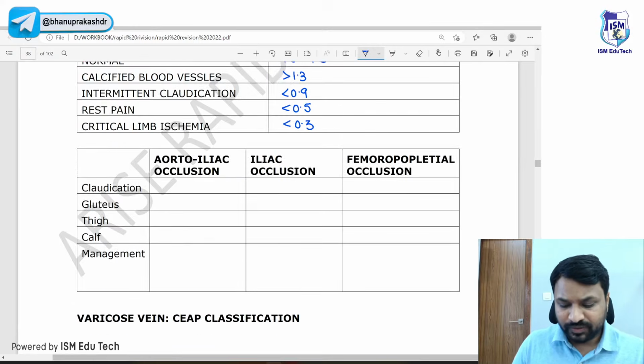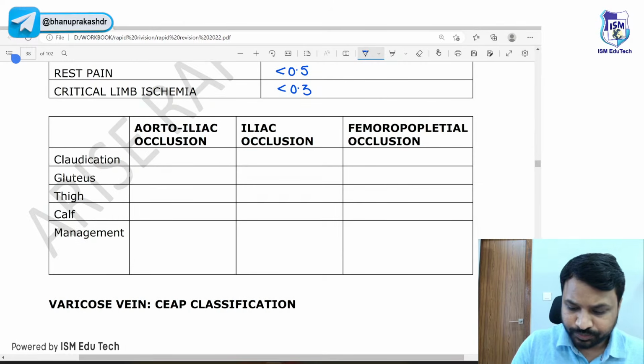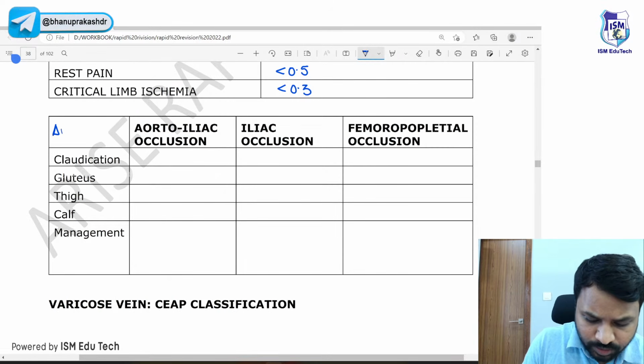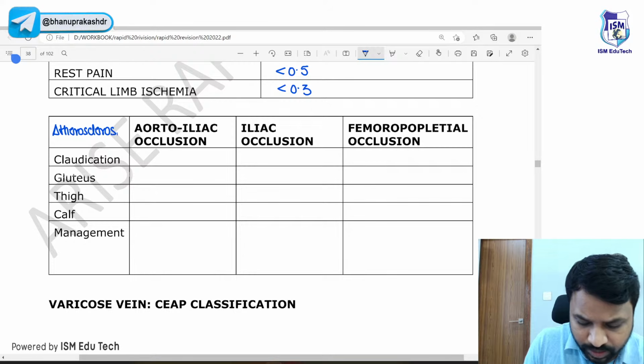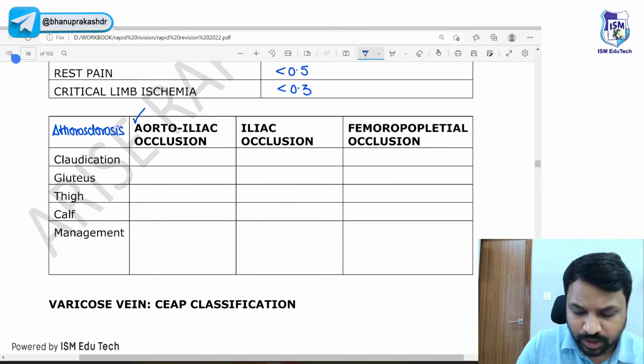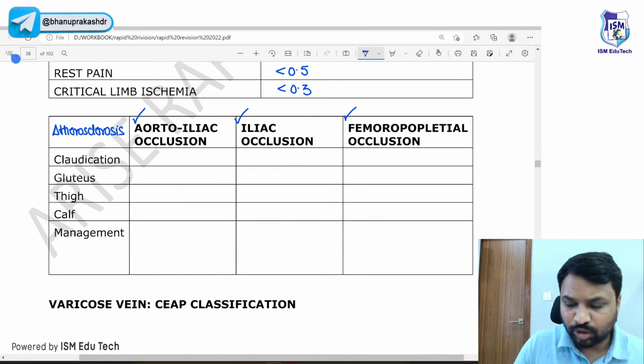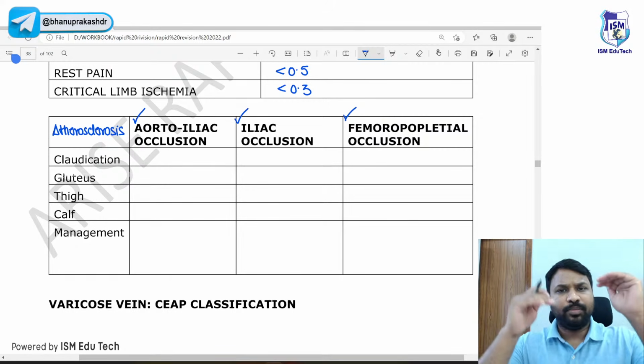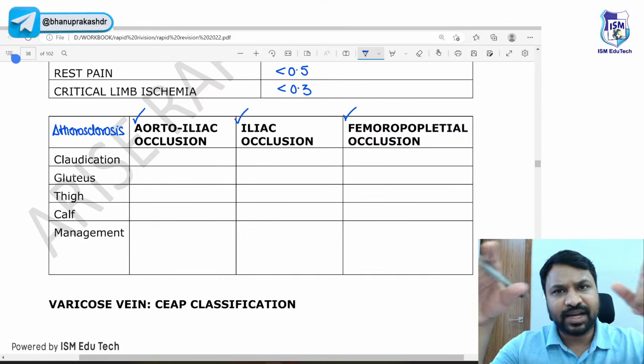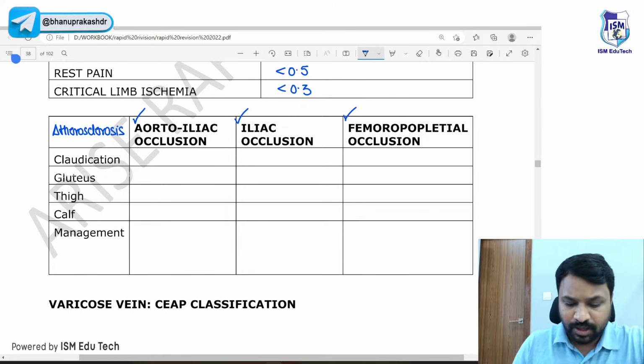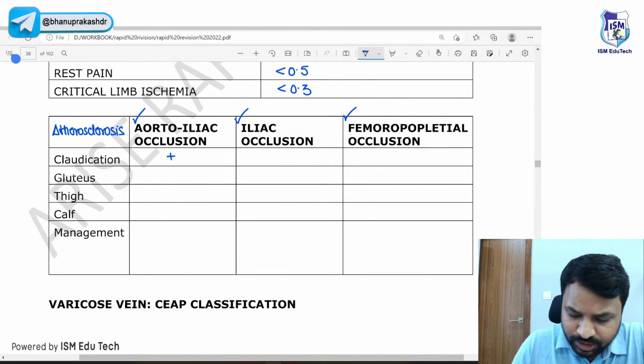Now, in atherosclerosis, you can have occlusion at the aortoiliac, iliac, and femoropopliteal regions, three sites. That is, where the aorta is bifurcating, where the iliac vessels are bifurcating, and the femoropopliteal junction. Obviously, the claudication will be present in all three of them.